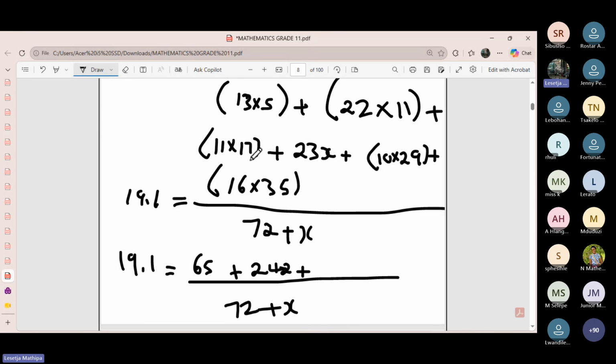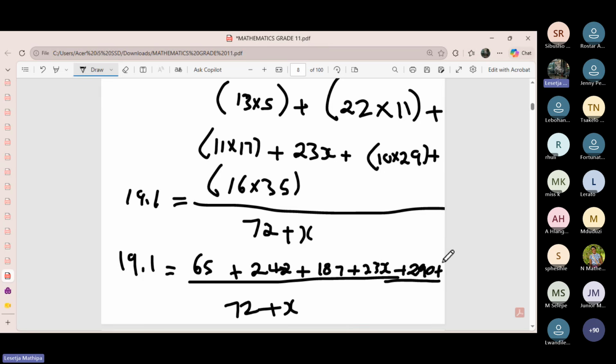Plus 11 multiplied by 17, which is 187. Plus 23x. Plus 10 multiplied by 29, which is 290. Plus 16 multiplied by 35, which is 560.